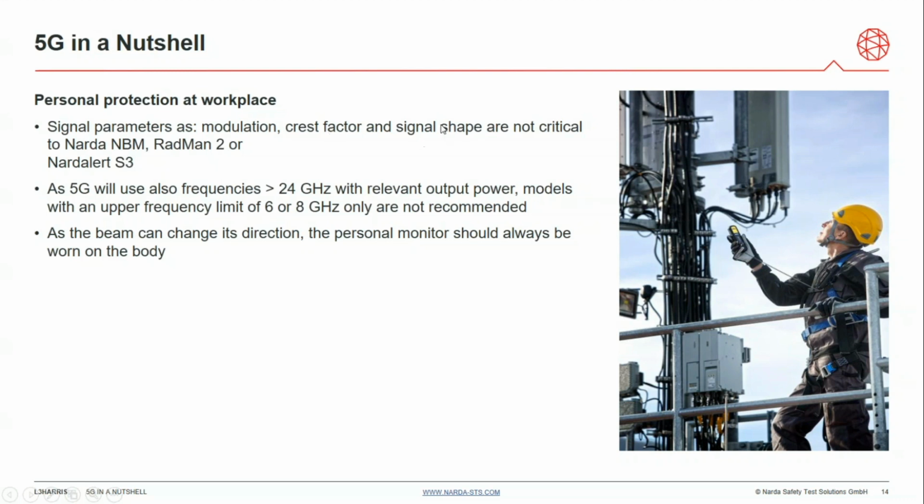Modulation, crest factor, and signal shape are not critical to those instruments, so they will give you the right and the correct test result wherever you are and wherever you are positioned and whenever you're measuring.